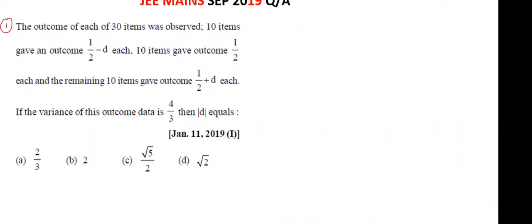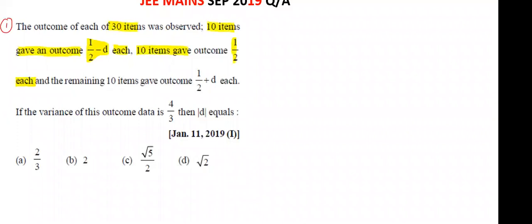The outcome of each of 30 items was observed. 10 items gave an outcome of 1/2 minus d each. So 10 items are the same, 1/2 minus d, and 10 more items give outcome 1/2 each.